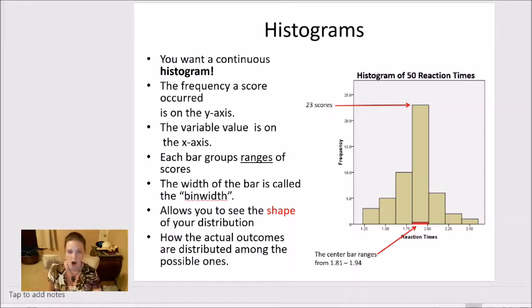Let's walk through the mechanics of a histogram. What a histogram does is it creates a number line along what's called the x-axis. Hopefully, you had good quality math instruction, and you know that down here is the x-axis.